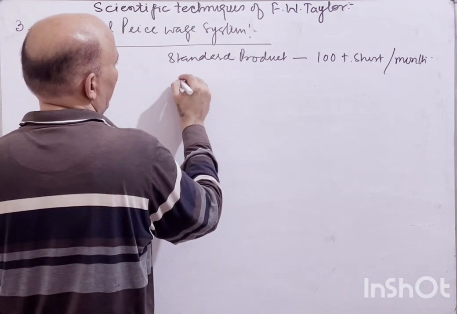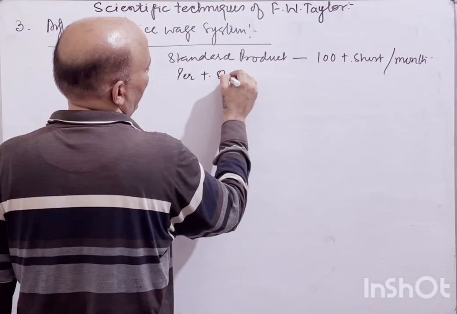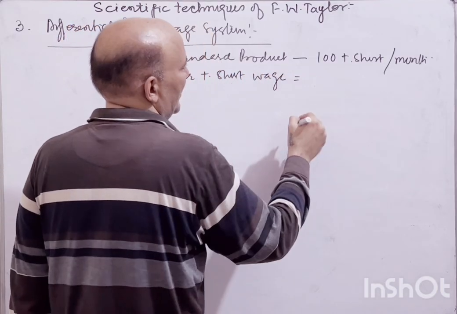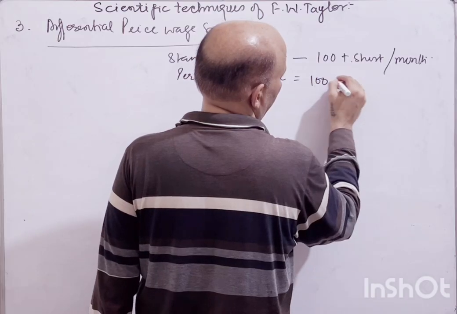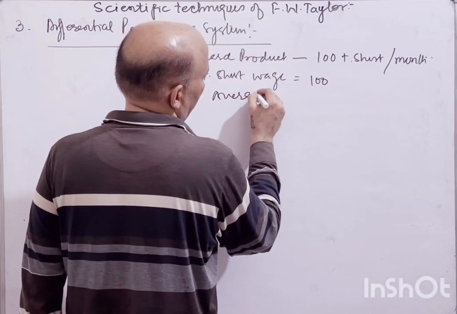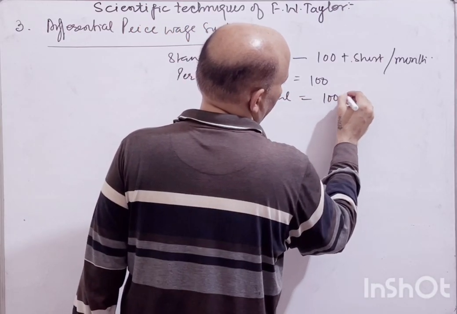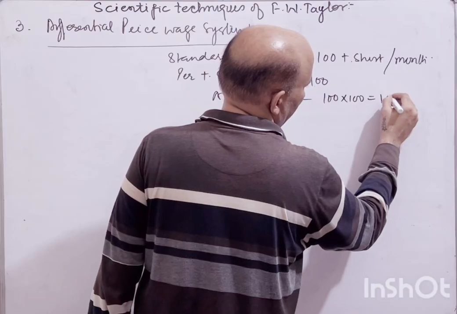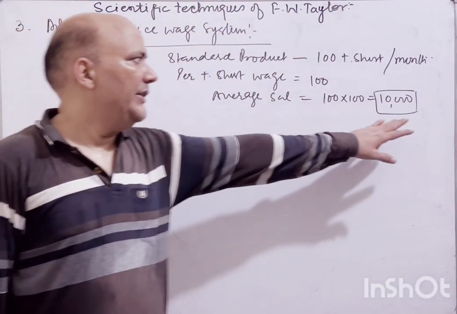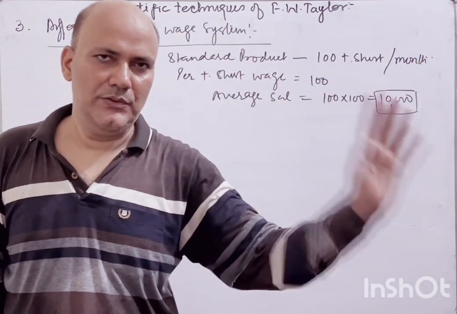So the wage per t-shirt is, let's say, 100 rupees. Okay, so what is the average salary? Average salary is equal to 100 multiplied by 100. If somebody is doing an average job, stitching 100 t-shirts in a month, he will get 10,000 rupees.